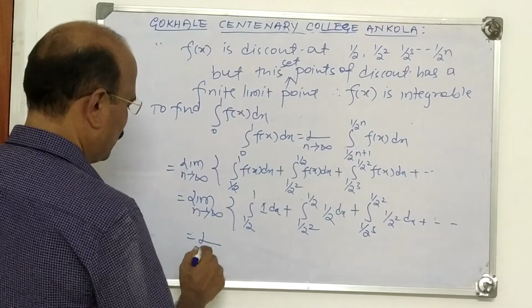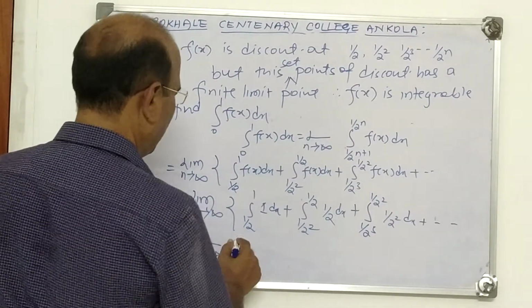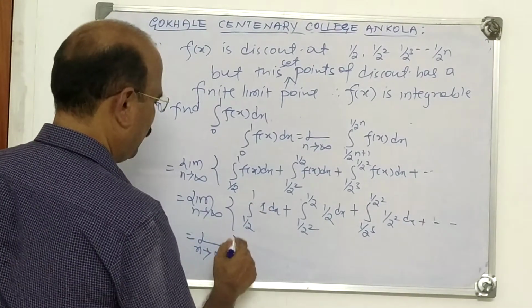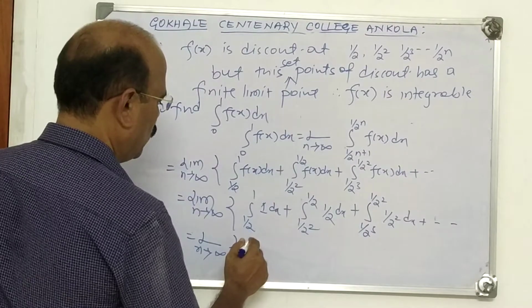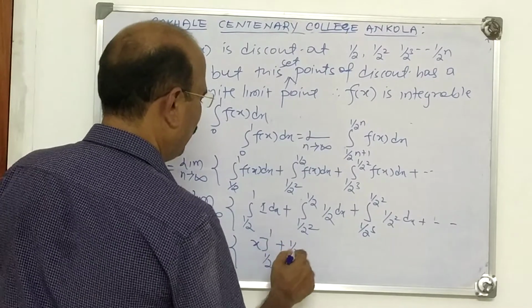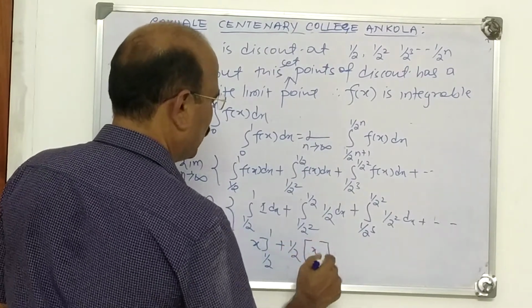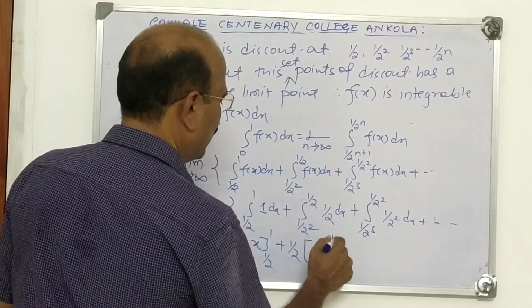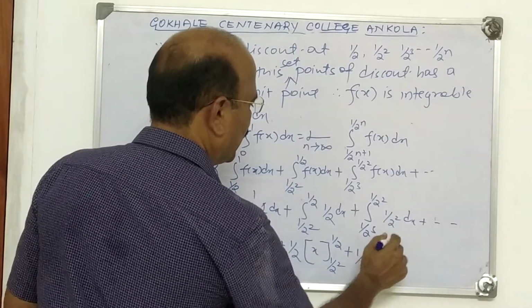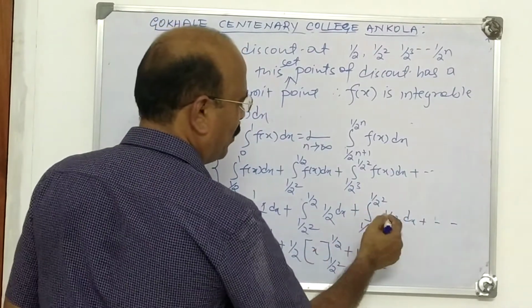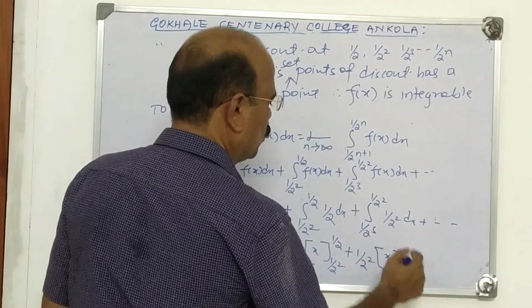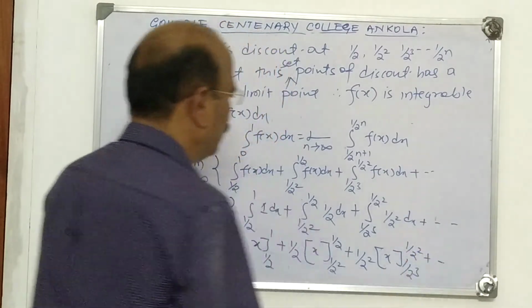Therefore it is the limit as n tends to infinity. What is the integration of 1 dx? x. Therefore, x from 1/2 to 1, plus 1/2 into the x value from 1/2^2 to 1/2, plus 1/2^2 common, 1 dx remains, the integration of 1 dx is x, from 1/2^3 to 1/2^2, plus so on.